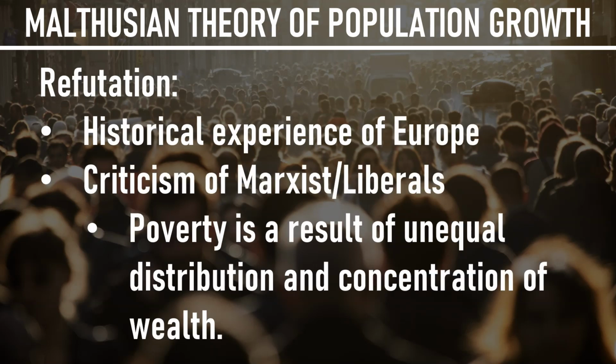However, this theory was refuted and proven wrong by the historical experience of Europe and the criticism of Marxist and liberal thinkers. So in the historical experience of Europe post the industrialization period, despite birth rates growing, humans had the capability through technology to control disease.